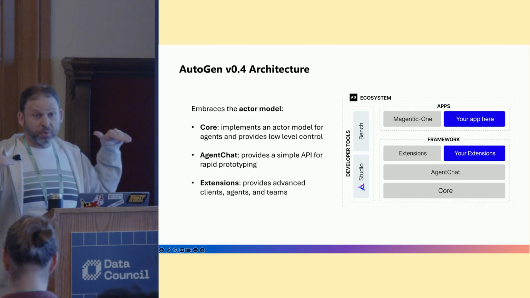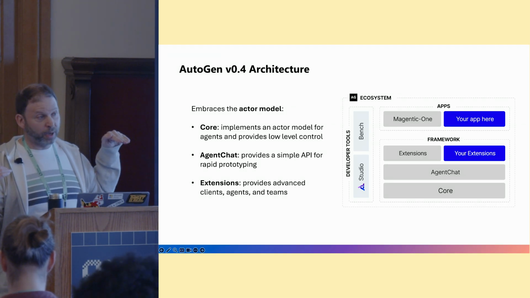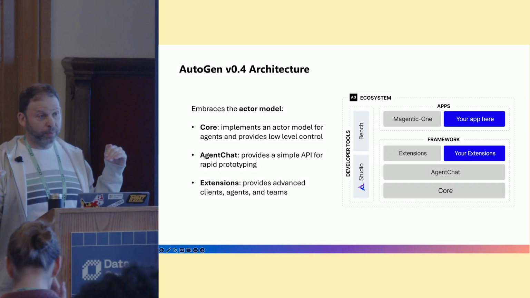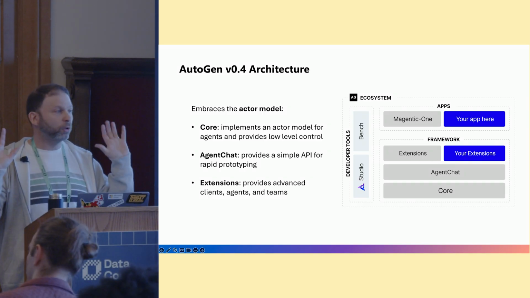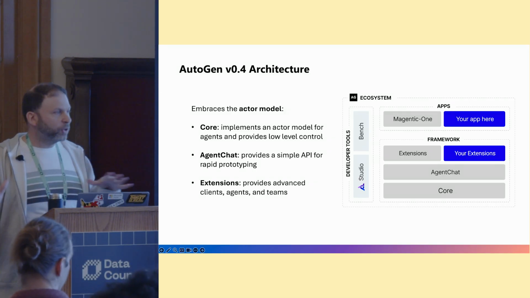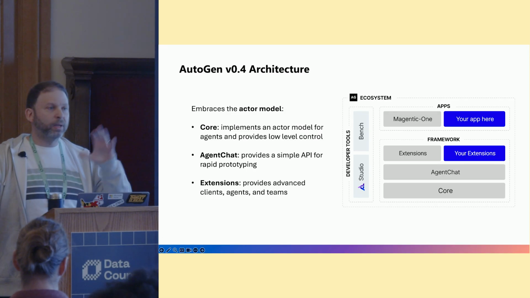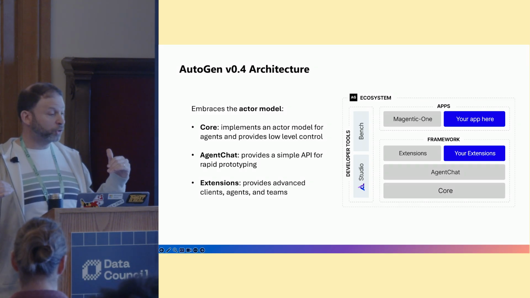The next level of abstraction is what's called the Agent Chat API. The Agent Chat API is a higher-level API, which is built on the core API. The bottom layer is really about, think like infrastructure, memory, a lot of more low-level things, finer-level control.